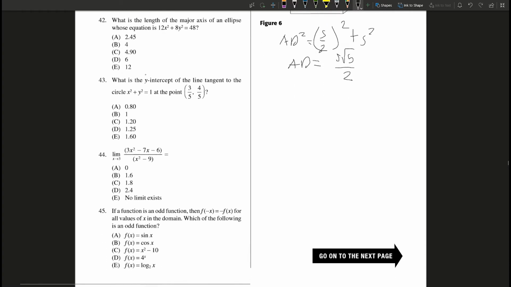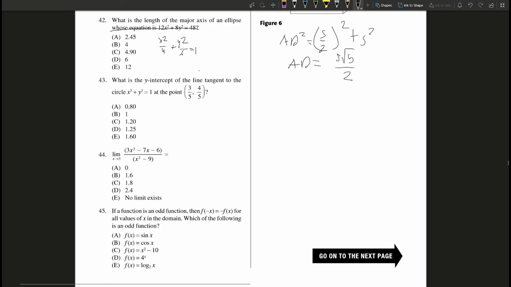So 42 asks, what is the length of the major axis of an ellipse whose equation is 12x squared plus 8y squared equals 48? First, we want to put it in the standard form of an ellipse, so we're going to divide both sides by 48. We're going to end up with x squared over 4 plus y squared over 6 is equal to 1.